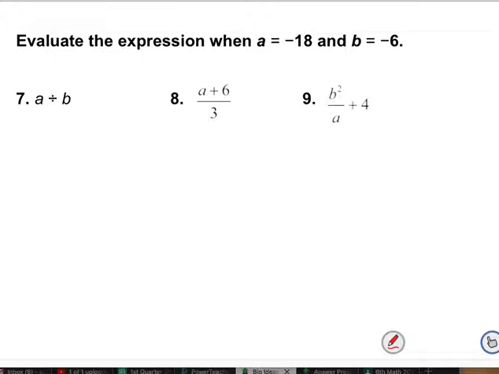It says A divided by B, so you're going to have to do your substitution. Okay, so good.